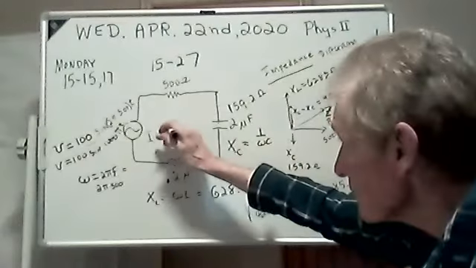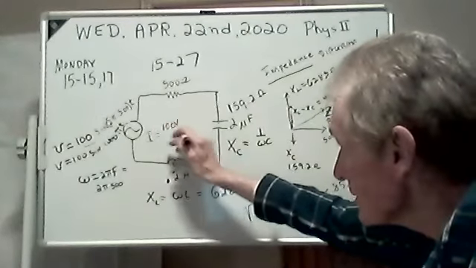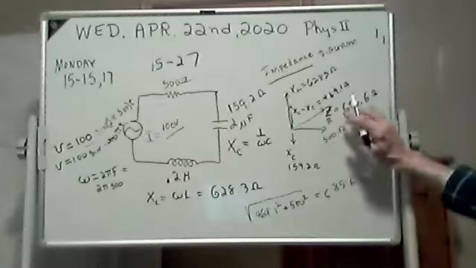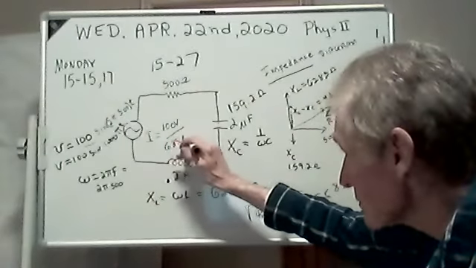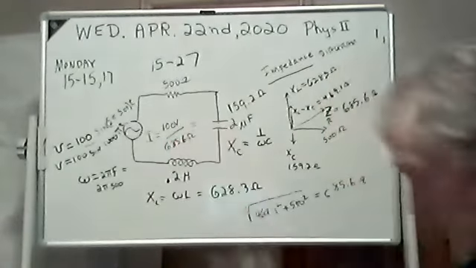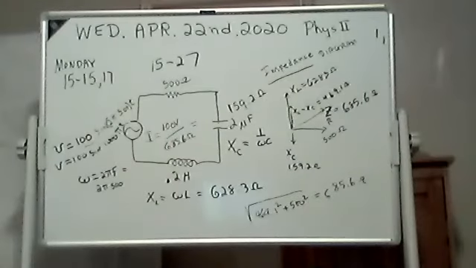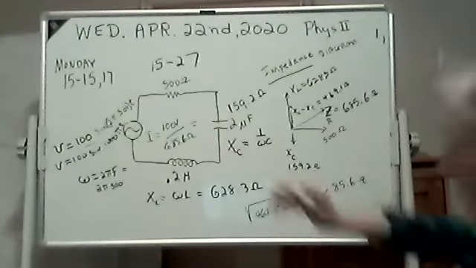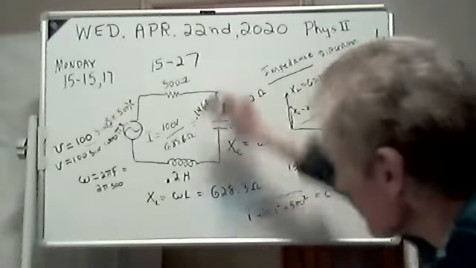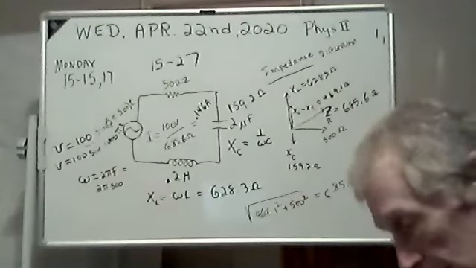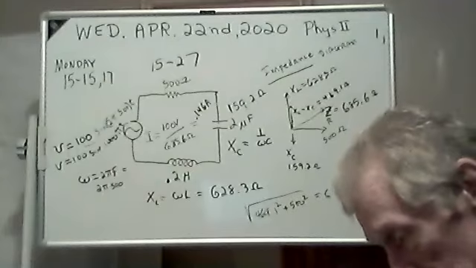It's going to be 100 volts divided by 685.6 ohms. I'm getting 0.146 amperes of current. But see, it's AC. It's back and forth.